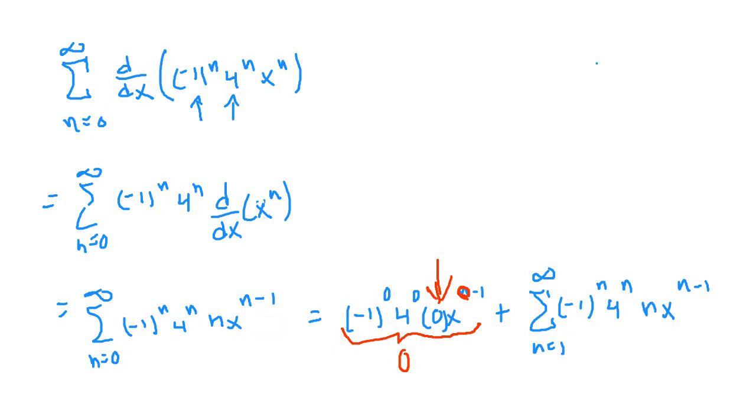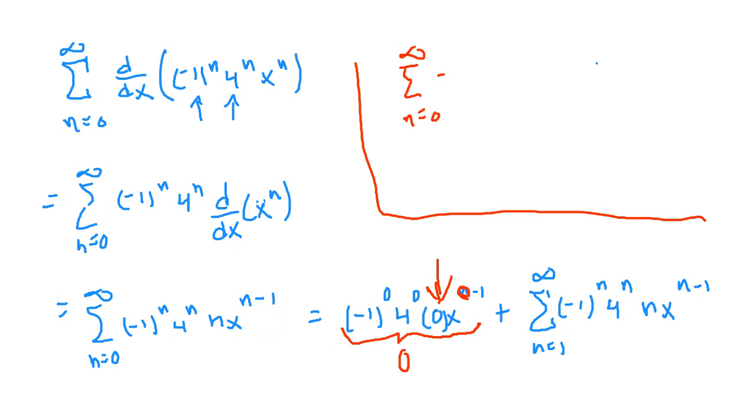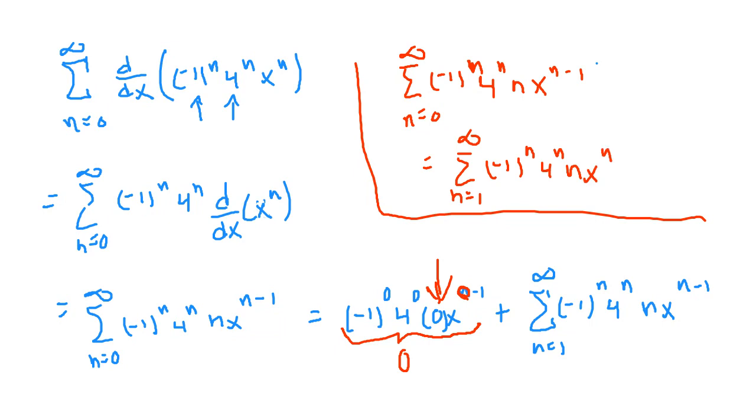So this means that though this power series starts at n equals 0, we could start it instead at n equals 1, because the first term of the power series is 0.